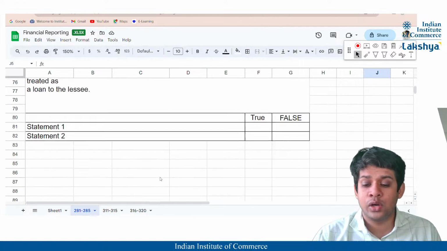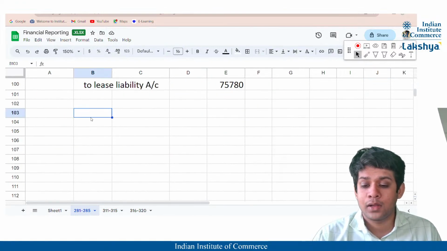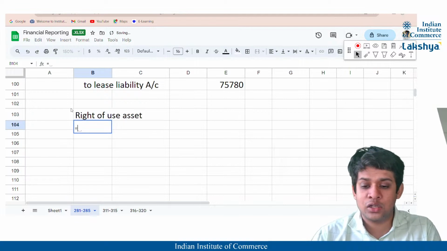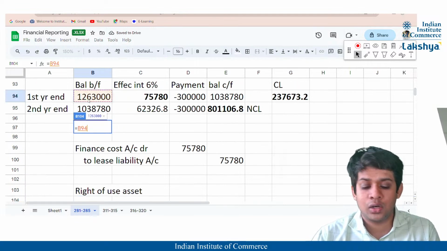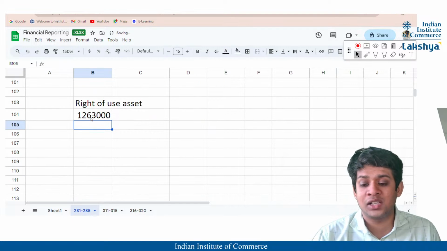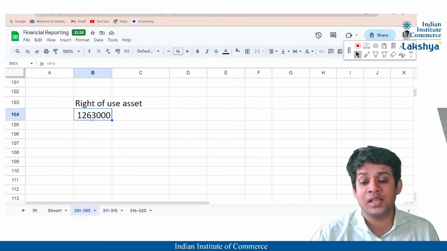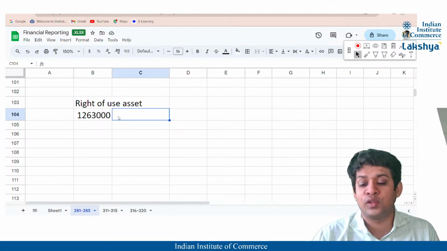So technically we're just going to take the right of use asset, which is the present value of the lease liability, because there are no other payments made at or before the commencement date, or there are no other legal costs paid. If they were paid, they would also have been capitalized to the right of use asset.